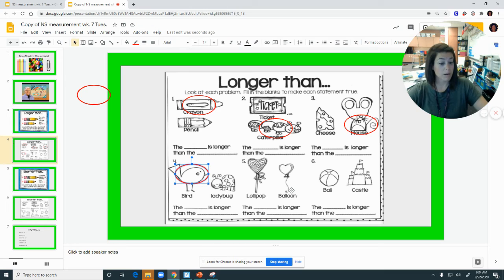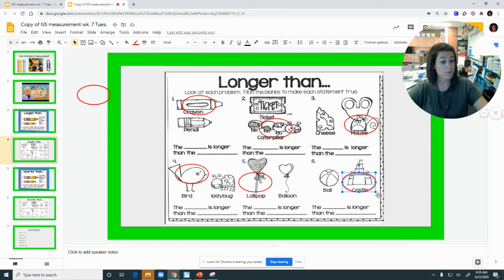We have a lollipop and a balloon. Well, who's taller? You're right, the lollipop. The lollipop is longer than the balloon. We then have a ball and a castle. Well, who's taller? The castle. The castle is longer than the ball.